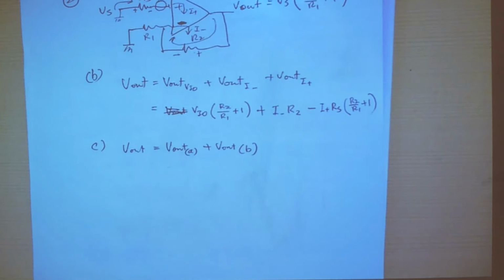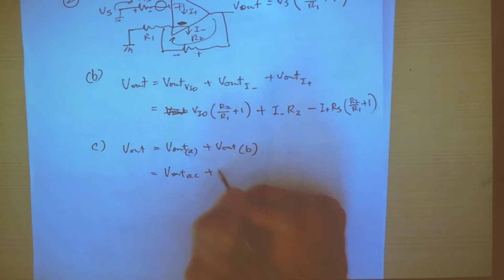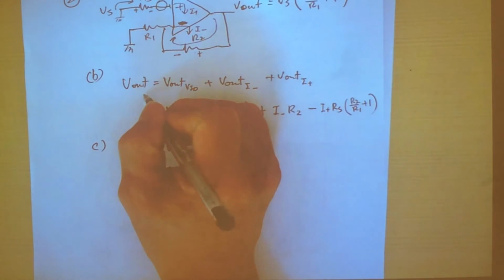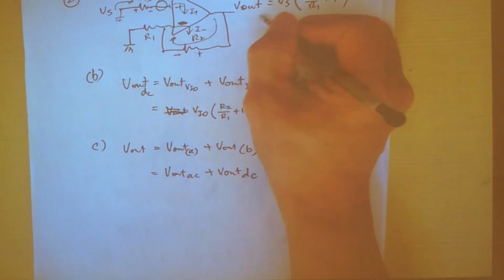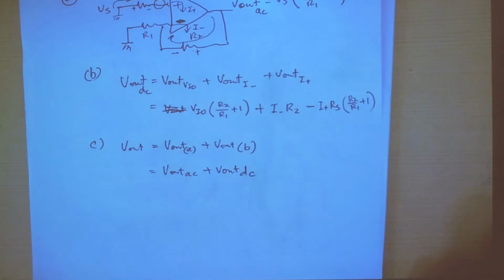So you just sum the two, and basically this is your V out DC, and this is your V out AC. Because we can use superposition, you just put the two equations together, and therefore part C is just the sum of these two.